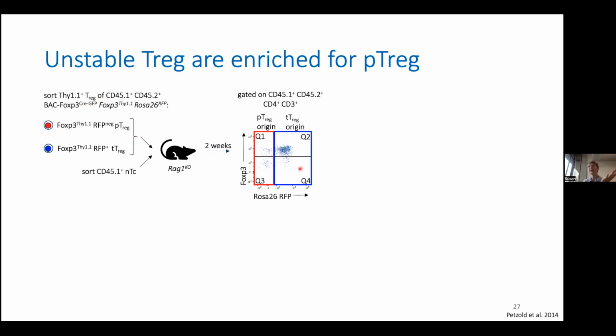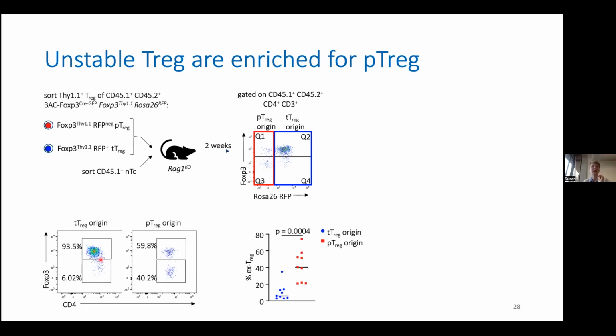After two weeks, we do get X-Treg, and we can perfectly identify which X-Treg arise from T-Treg, because they lack FOXP3 but still have the RFP, and which X-Treg arise from peripherally derived Treg. They lack FOXP3, and in addition, they lack the RFP.